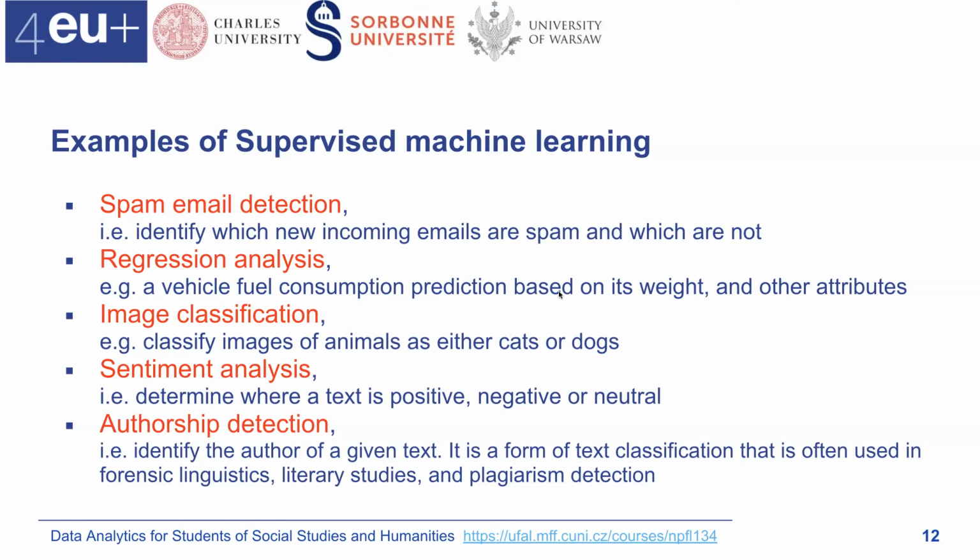In this list, there are 4 classification tasks: spam email detection, image classification, sentiment analysis, and authorship detection, and 1 regression task. In spam detection, we classify emails into 2 classes.